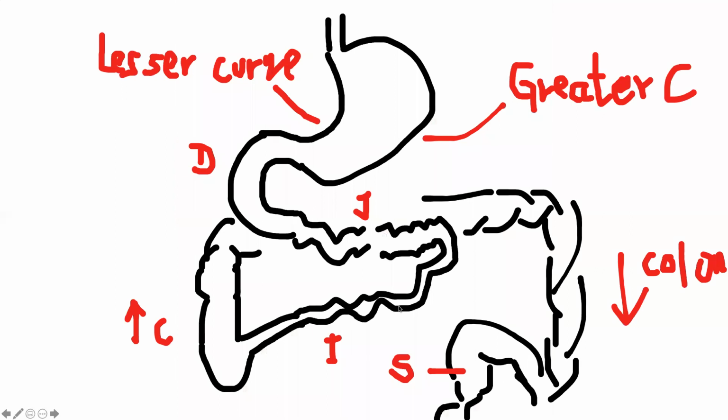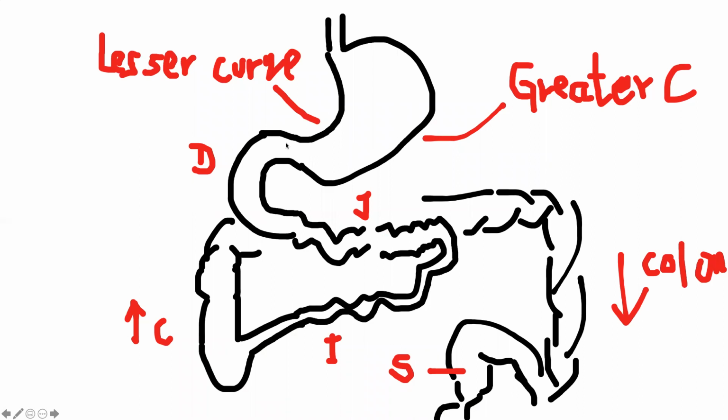So roughly, what are the abdominal contents? Of course, a very small portion of the esophagus, about 2 centimeters, is in the abdomen. After that, we have the stomach. The stomach has a larger curvature, which we call the greater curvature, and a smaller curvature, which we call the lesser curvature.